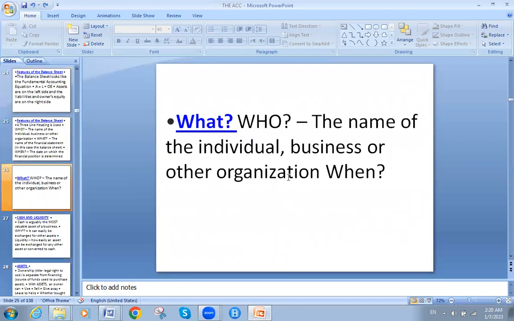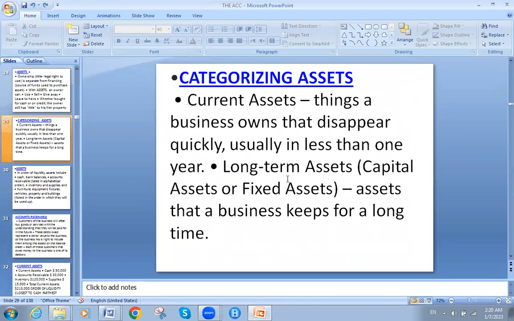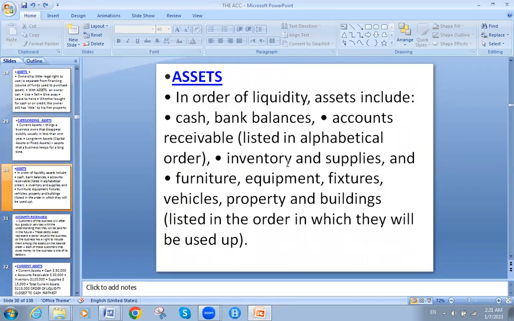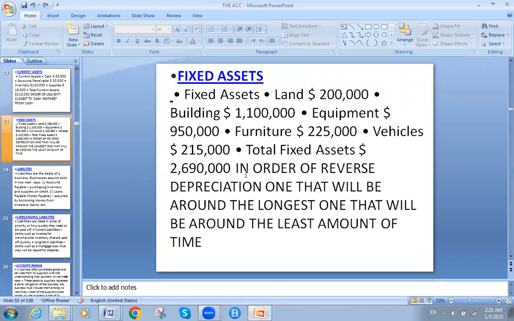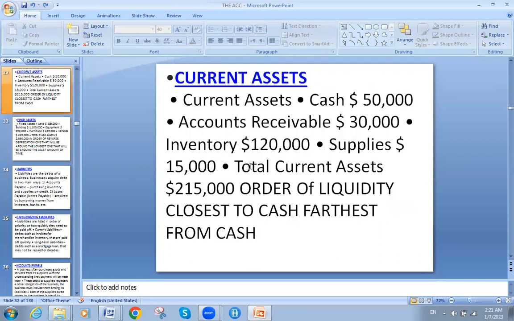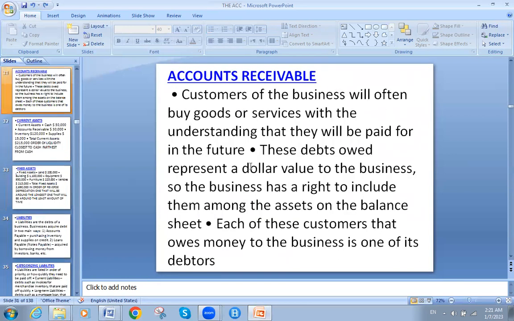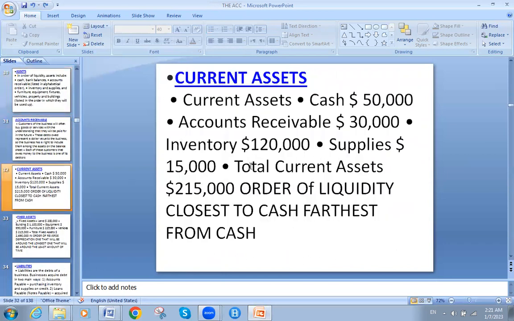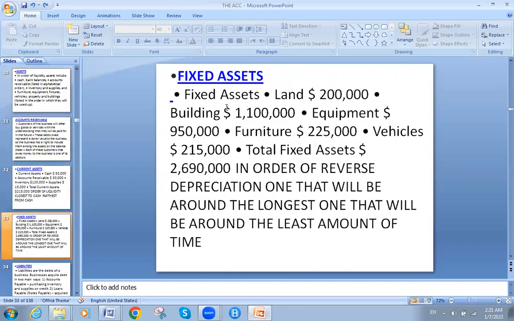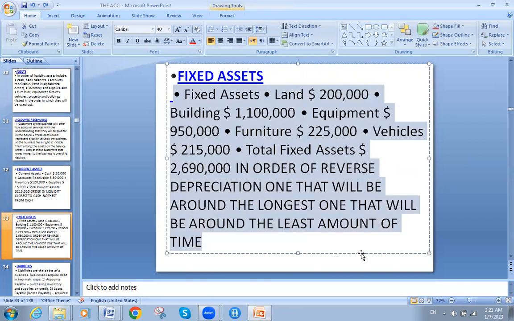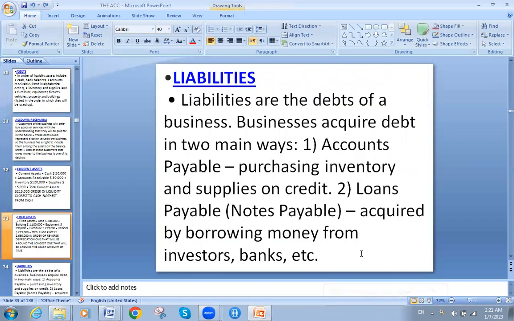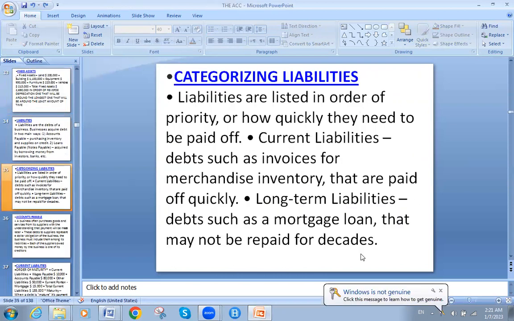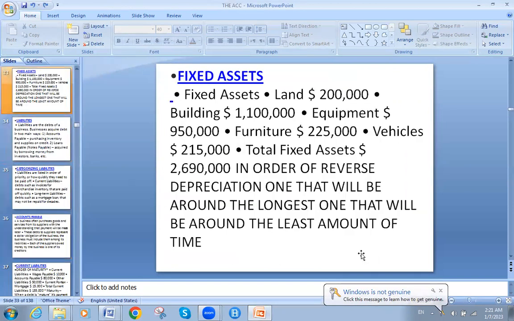Don't forget, the balance sheet is in a T form or report form. The T form is usually like what I showed you, with the assets on one side and the liabilities on the other side. This is now an example for how to do the balance sheet and the liabilities, and we will take this in the next lecture.